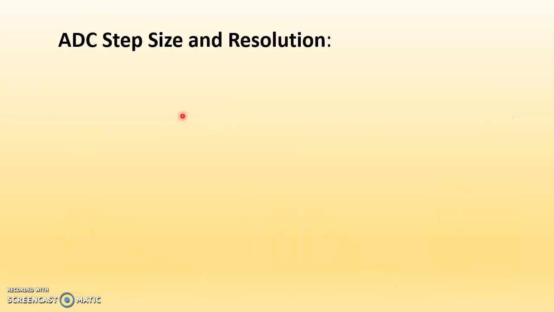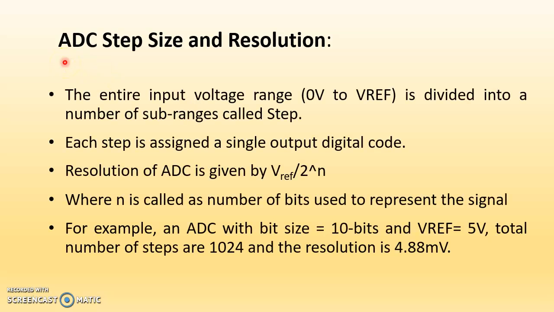Now let's see the step size and resolution. The entire input voltage range from 0 to V reference is divided into a number of sub ranges called steps. So this analog voltage range is divided into a number of sub ranges called steps. Each step is assigned a single output digital code.